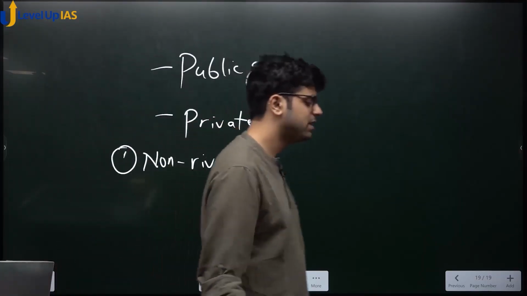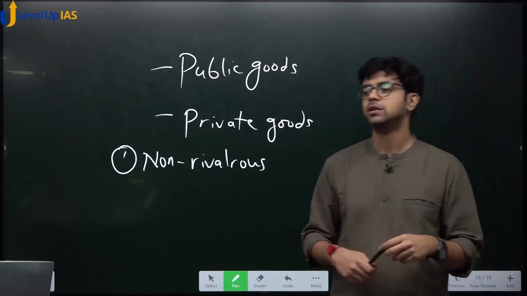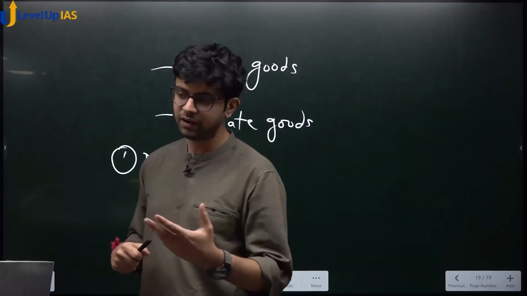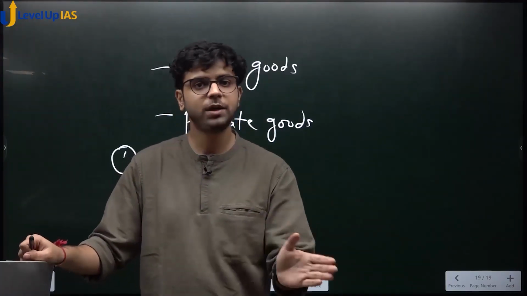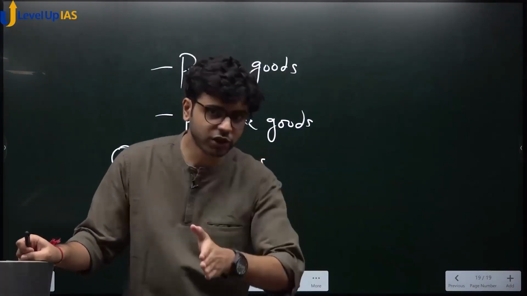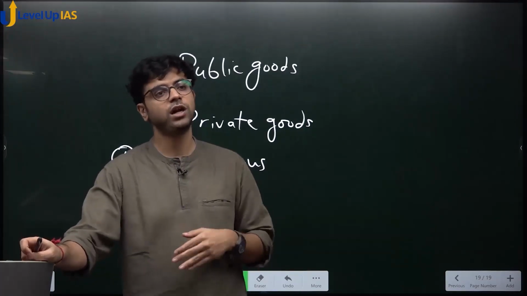Rivalrous is derived from rivalry. Rivalry means dushmani, enmity. Non-rivalrous means the usage of that good by one person does not diminish the availability of that good for another person.